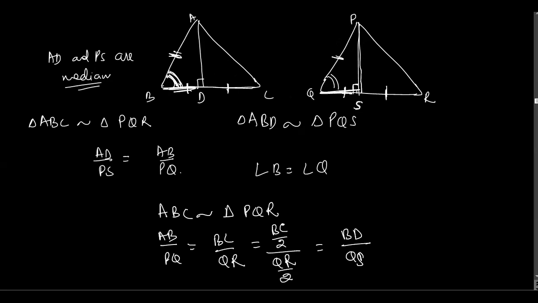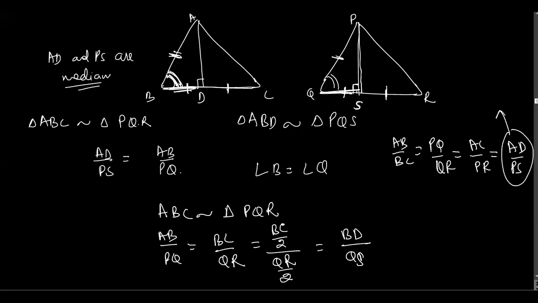So if triangle ABC is similar to triangle PQR, I can write AB upon PQ is equal to BC upon QR is equal to AC upon PR is equal to AD upon PS. AD and PS can be median or altitude. Got it, beta? Let's move further.